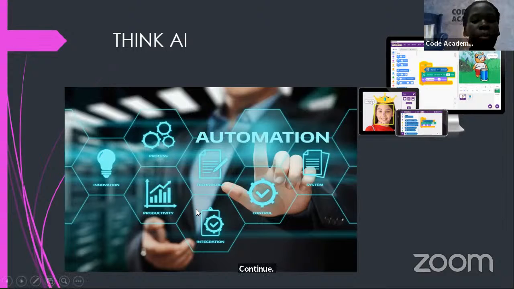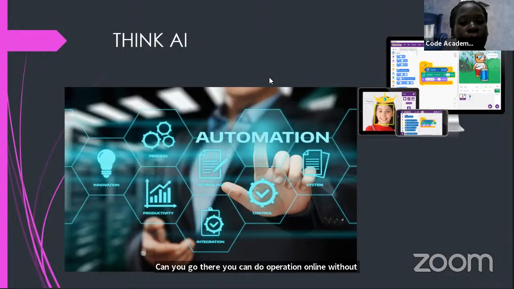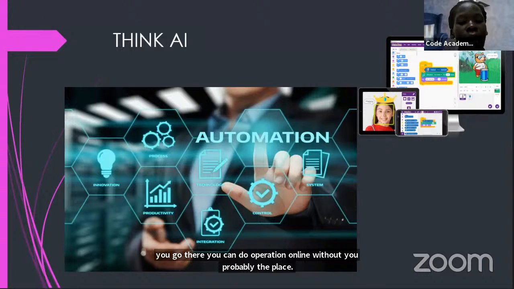An example of artificial intelligence: currently, with someone in India and someone in Uganda, you can do an operation online without traveling to the place. So that's artificial intelligence.